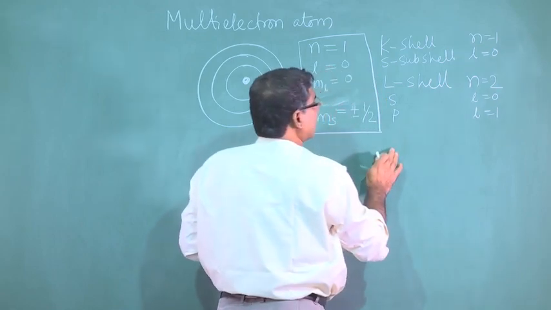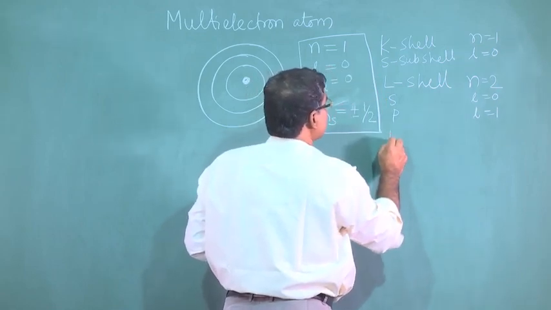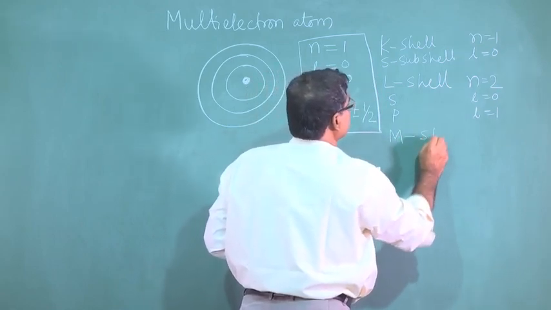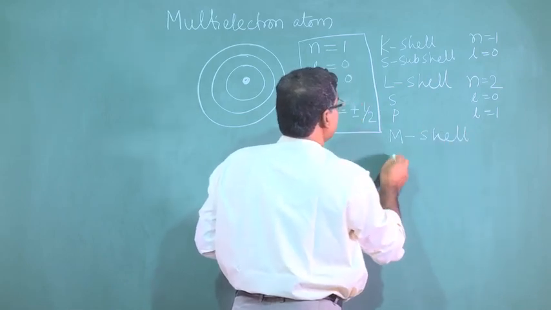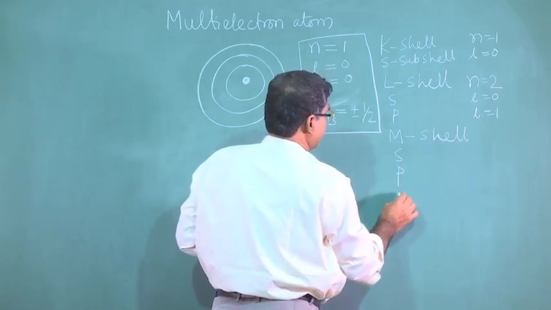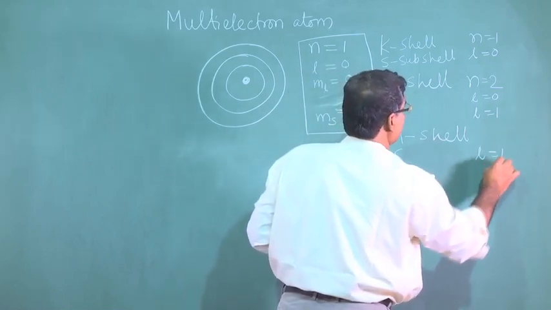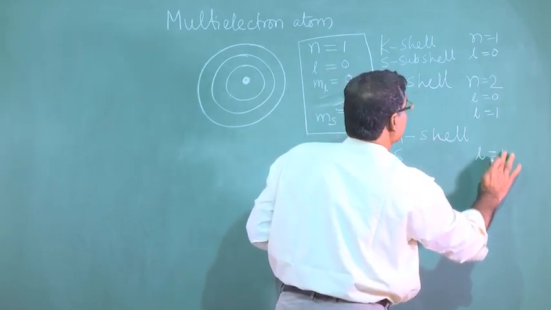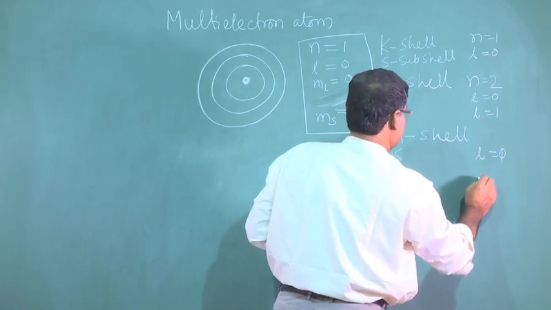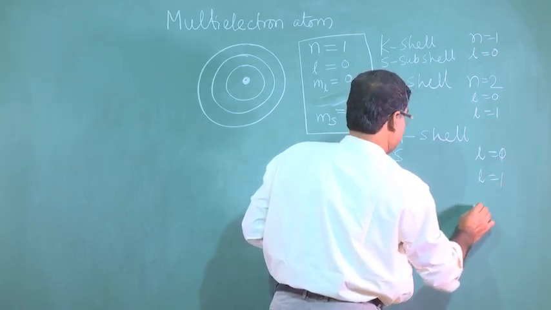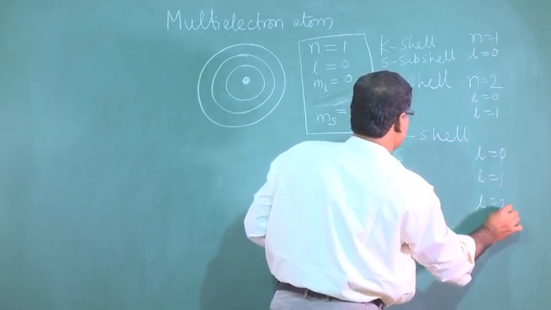Then the M shell has S, P, D, corresponding to L equal to 0, 1 and 2.